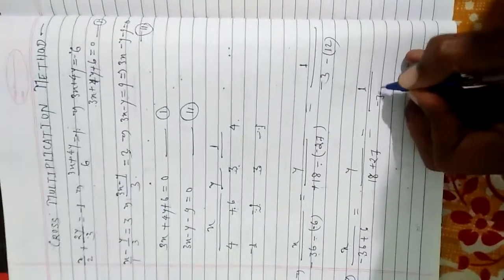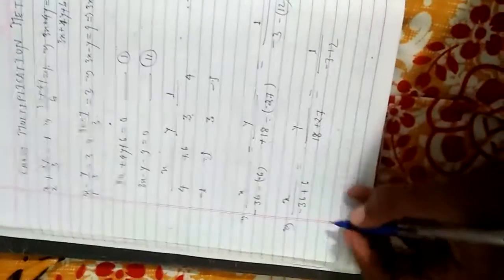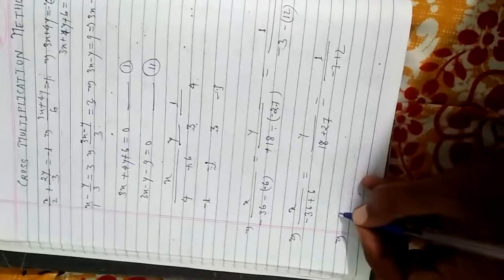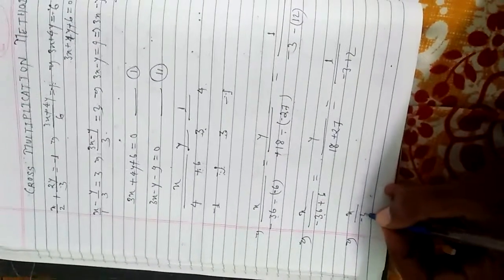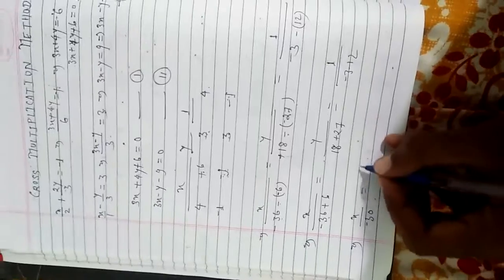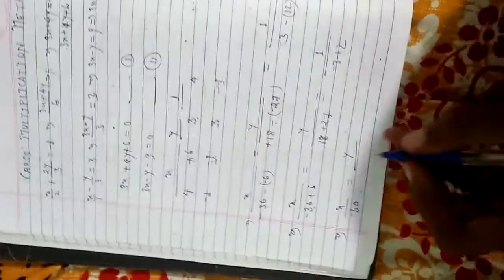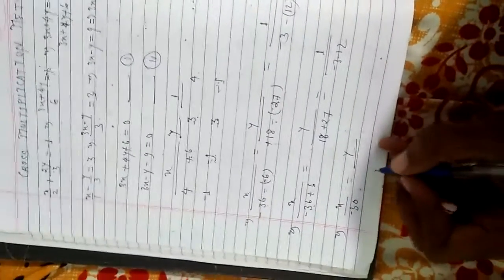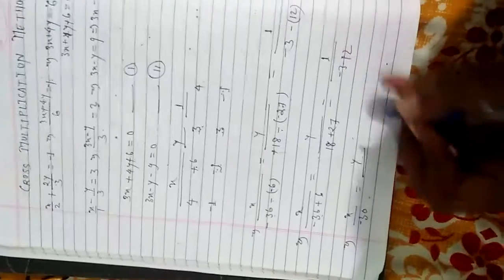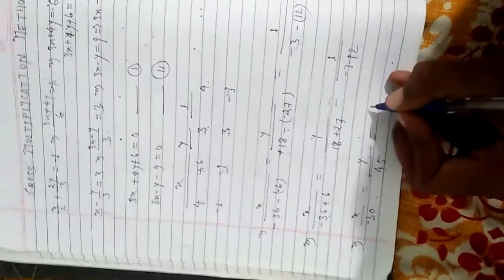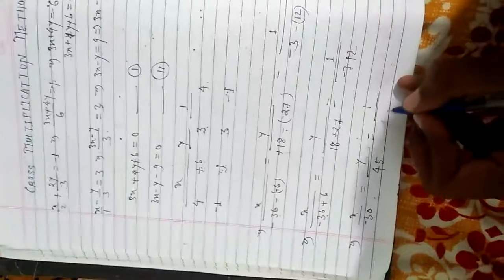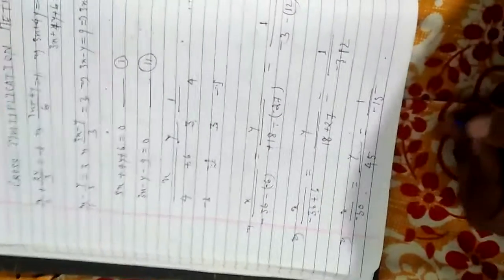And x by minus 36 plus 6, that means minus 30, and here you will get 45, and you will get 1 by minus 3 minus 12, minus 15.